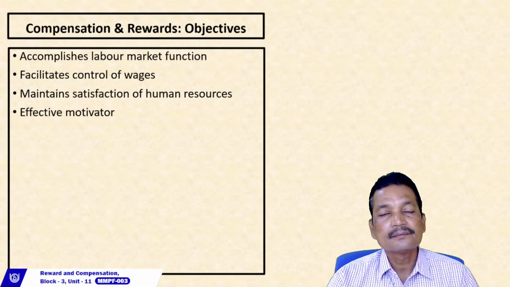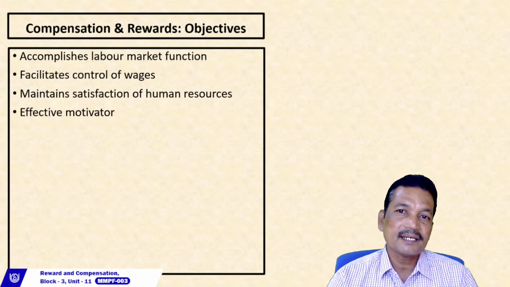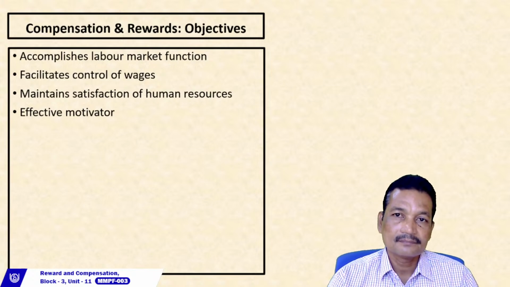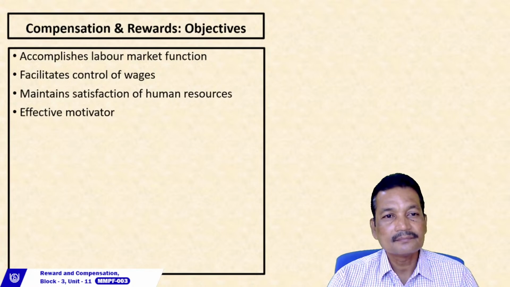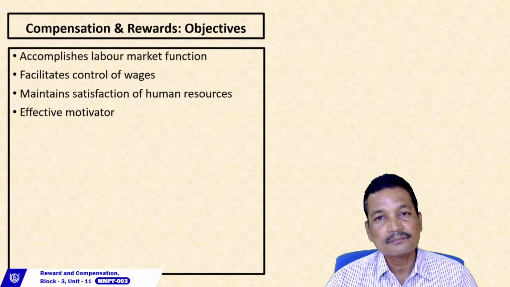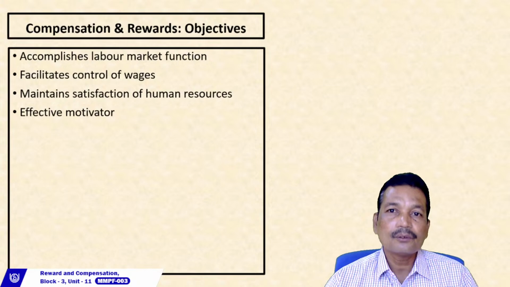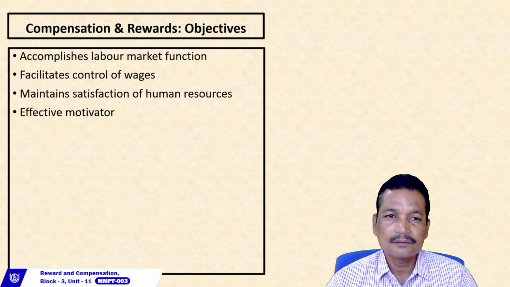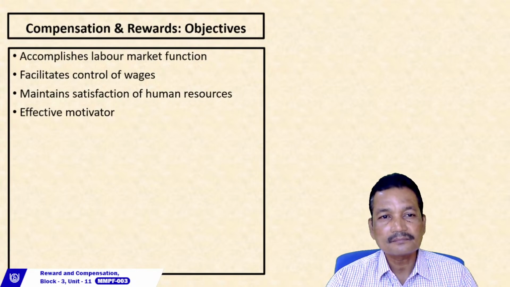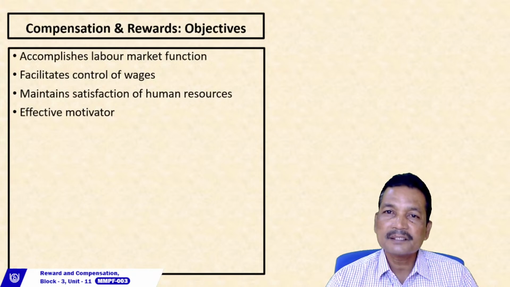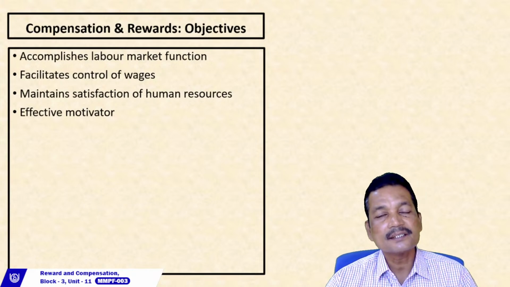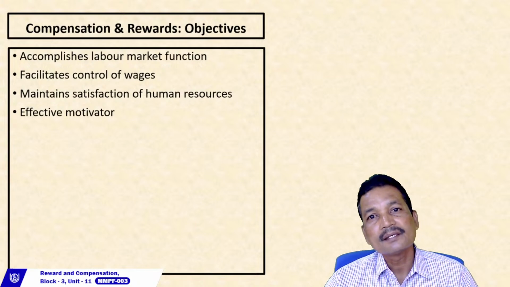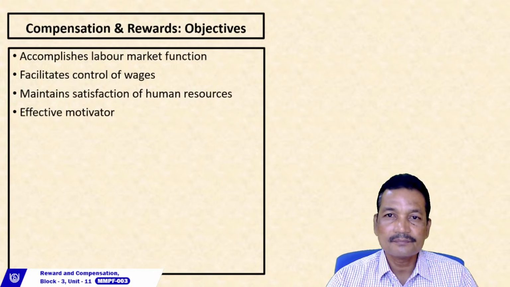We can say that the forces of demand and supply are always there in the marketplace. In the marketplace, laborers of different categories, suppose very good, normal, and below normal, are available. Similarly, the compensation and reward packages in an organization can be very high, average, or below average.